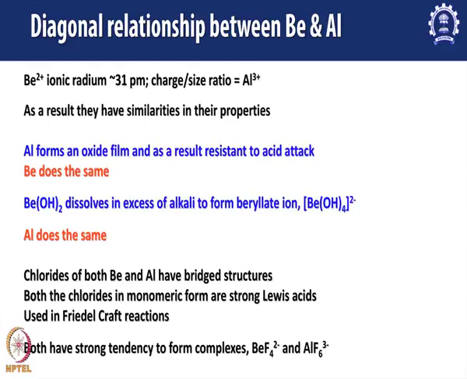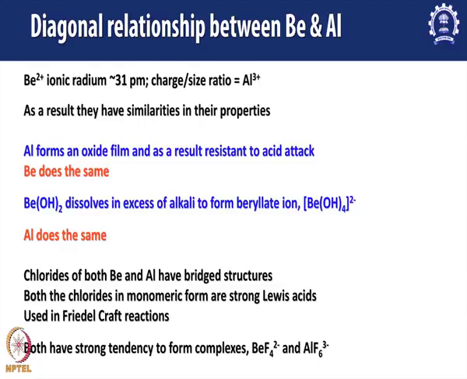Beryllium hydroxide dissolves in alkali to form beryllates, that is, Be(OH)4 2 minus. Aluminum does the same: under strong alkaline conditions, aluminum trihydroxide, which is insoluble, forms aluminum tetrahydroxide, which is soluble. Chlorides of both beryllium and aluminum have bridged structures.